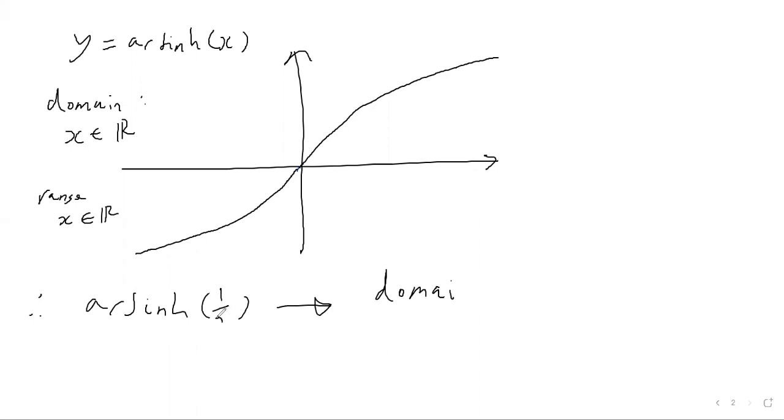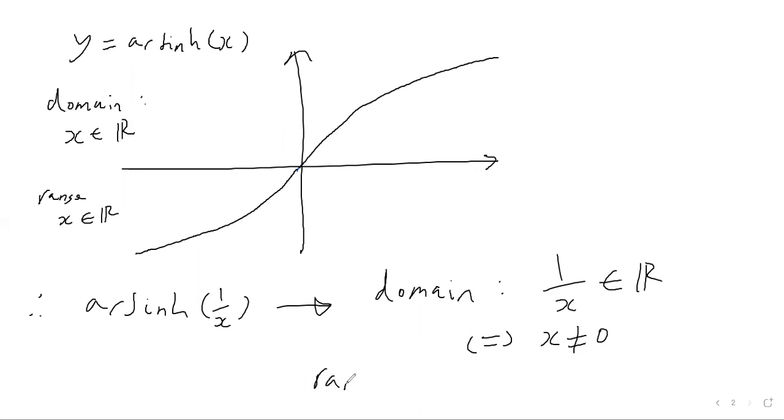For this function, the domain is going to be all 1 over x values in the real numbers, just by swapping this variable with this variable. And if 1 over x is a real number, then it must be true that x is not equal to 0. So any real number apart from 0 is in our domain.